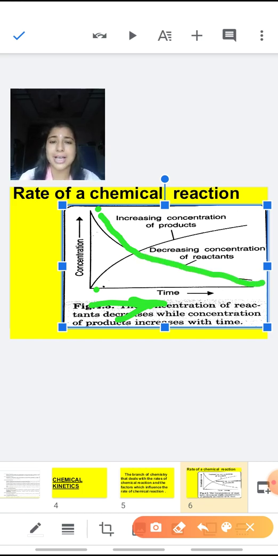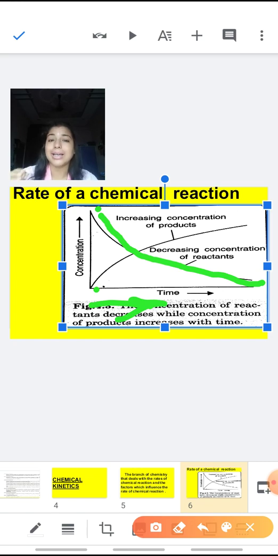Now if we take the example of a general reaction like burning of wood, the reactant is wood and the products are the ash and the heat energy produced. When we are starting the burning of the wood, is there any heat energy? Is there any ash? No. That means the product is not there.